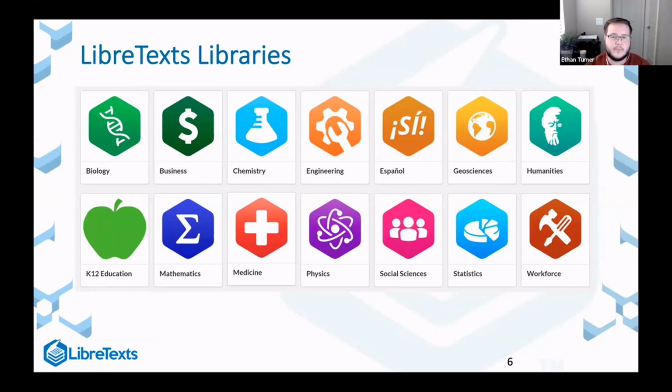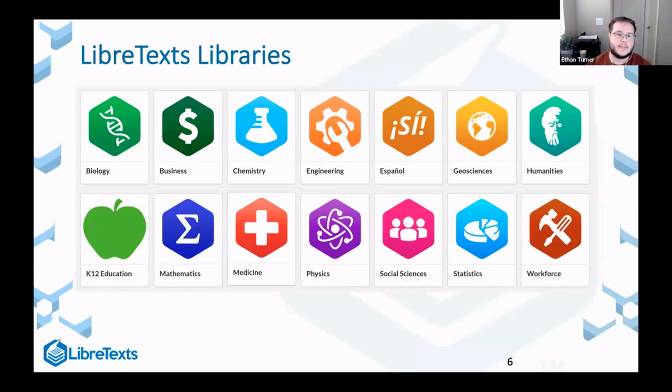All of those libraries are more or less focused on post-secondary, but we do have the relatively new K-12 library that's been growing steadily. Finally, we have a library dedicated solely to content in Spanish, and late last year, we translated almost all of our content, at least in our bookshelves, to a new Ukrainian library. So that has been growing very rapidly. We're really happy to see that.